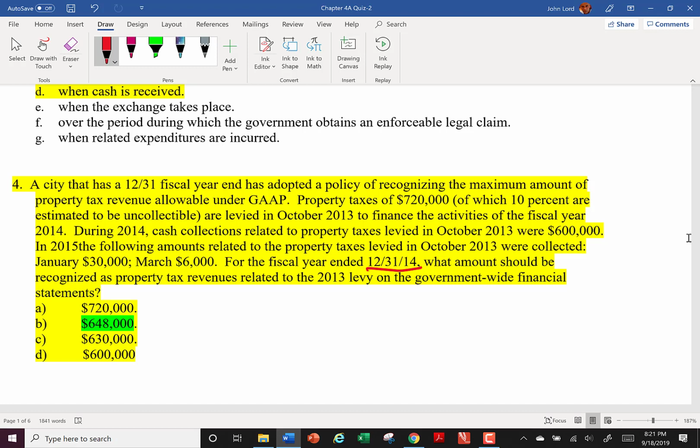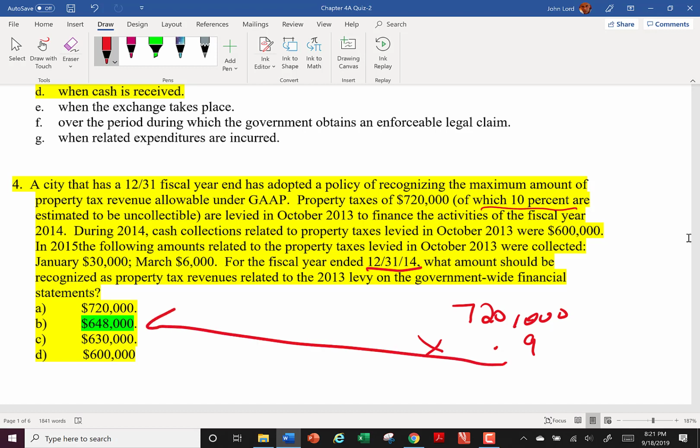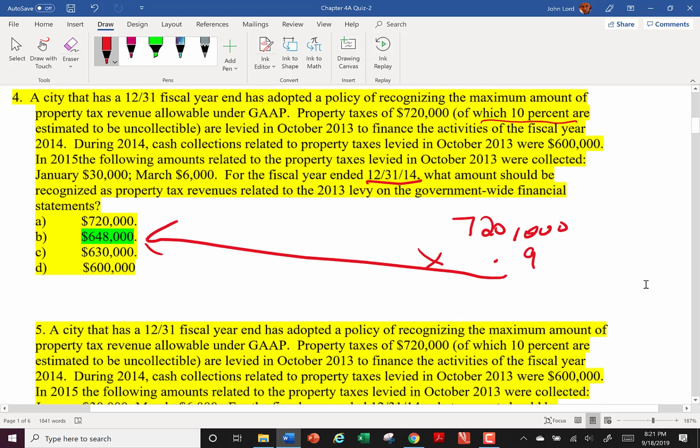That was the same for both government-wide and fund financial statements in terms of the allowance. So we take the 720,000 times 0.9, because 10% is not collectible, and that gives us the 648,000.